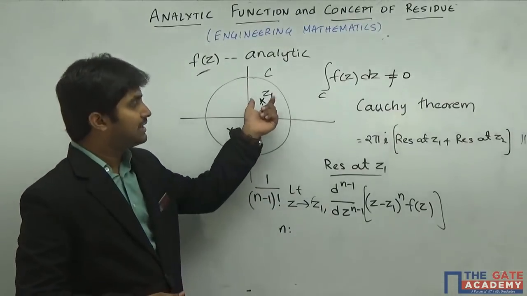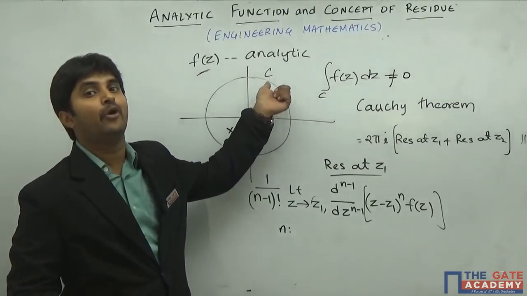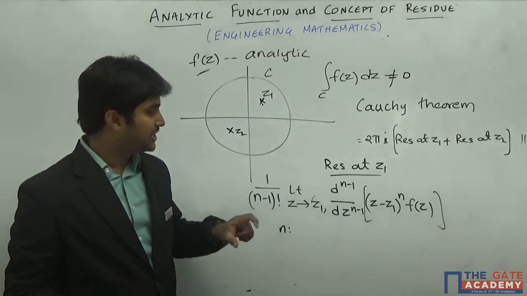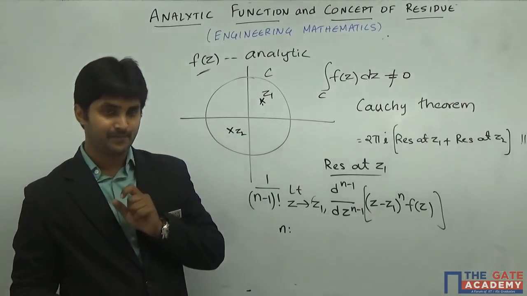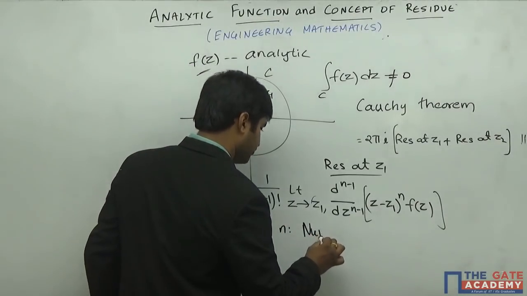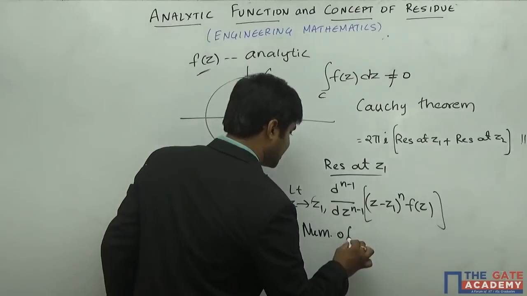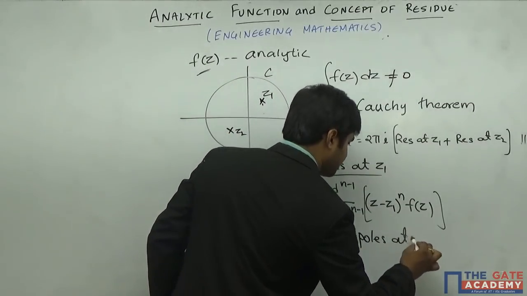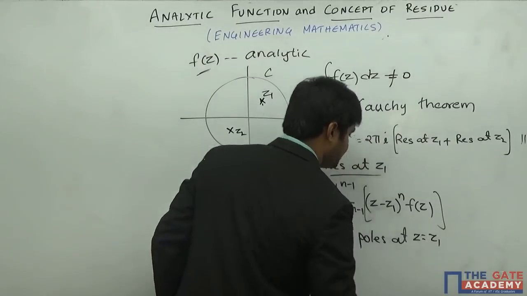For example, if there are 10 singularities at the same point z1, not one but 10, then the value of n is equal to 10. So n represents the number of singularities or poles at z equal to z1.